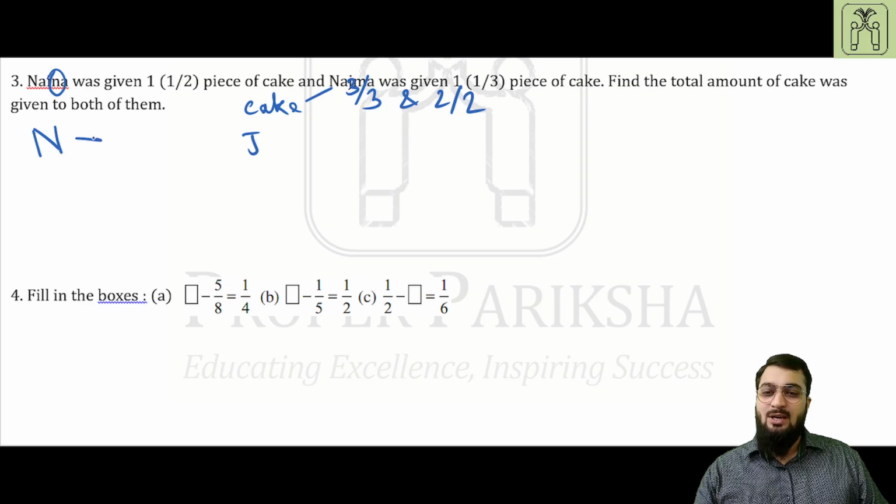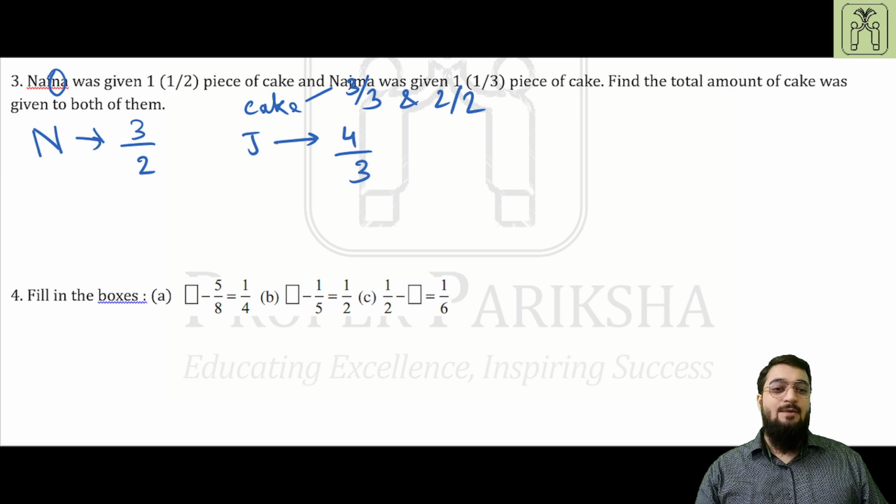So Nana has 1 and 1 upon 2. First of all, you will convert the mixed fraction into an improper fraction. So 2 into 1, that is 2, plus 1, that is 3. This will become 3 upon 2. And Nazma has 1 and 1 upon 3, that is 3 into 1, 3, plus 1, 4, and that is 4 upon 3. Find the total amount of cake that was given to both of them.